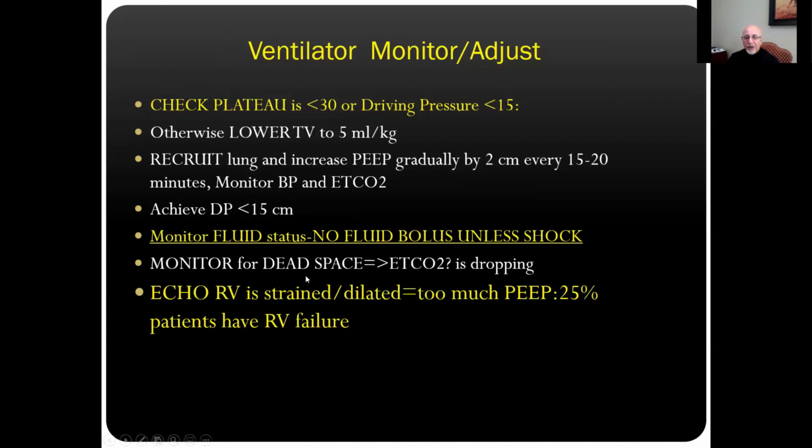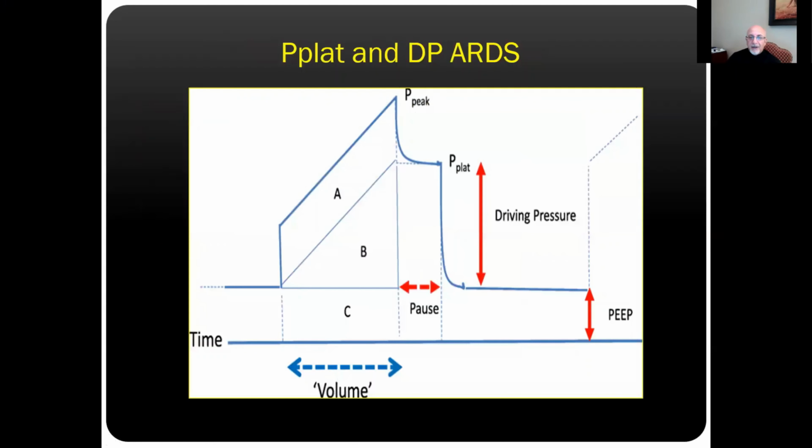Monitor the patient for dead space ventilation by watching the end tidal CO2 and obtain an echocardiogram to evaluate the right ventricle, which may become strained or dilated if we apply too much PEEP. Remember, 25% of the patients in the intensive care unit will have some sort of right ventricular failure. So what is the driving pressure?